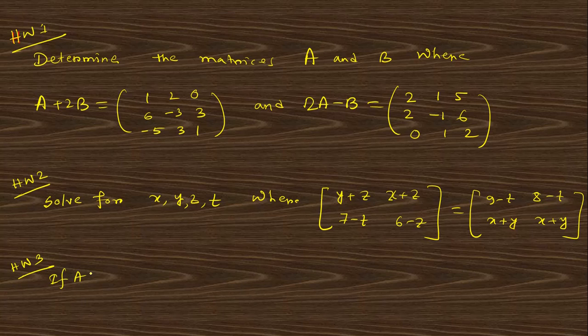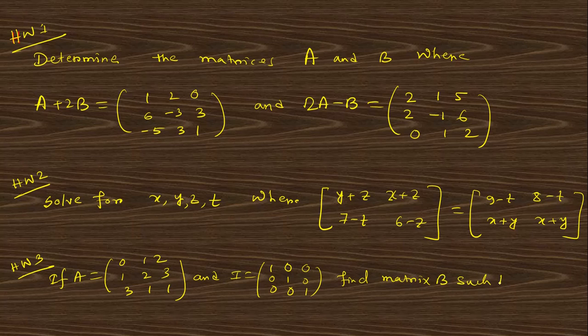If A is given as 0 1 2, 1 2 3, 3 1 1 and I is nothing but the unit matrix, so 1 0 0, 0 1 0, 0 0 1, find matrix B such that A into B will be I.